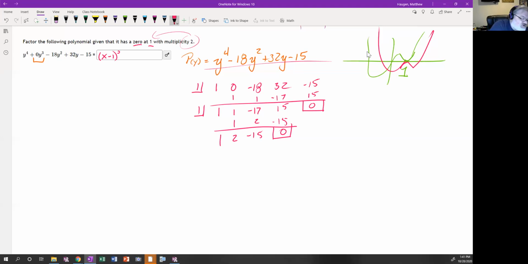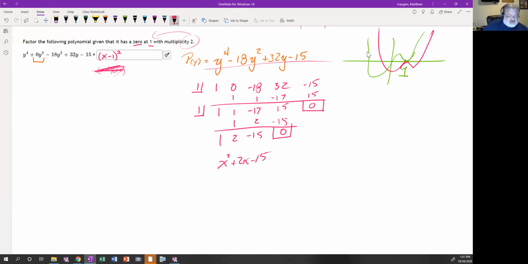And that confirms that x minus 1 is happening twice, which you can either write as x minus 1 squared or as x minus 1 times x minus 1. X minus 1 squared is really a better way to write it. But now we're down to this quadratic, this nice x squared plus 2x minus 15.